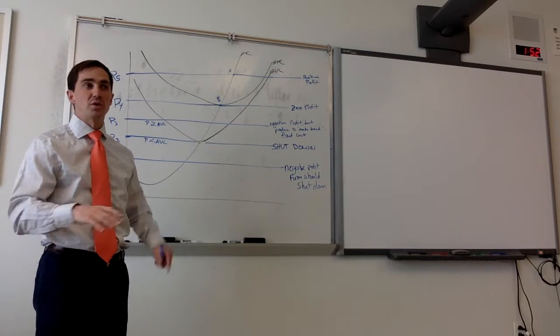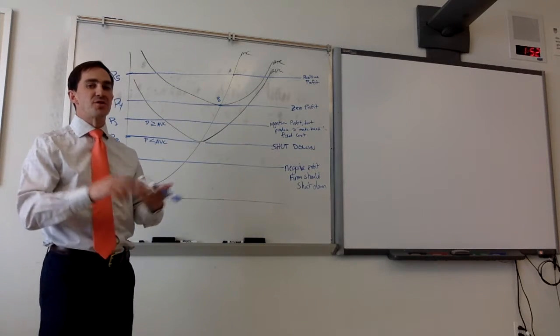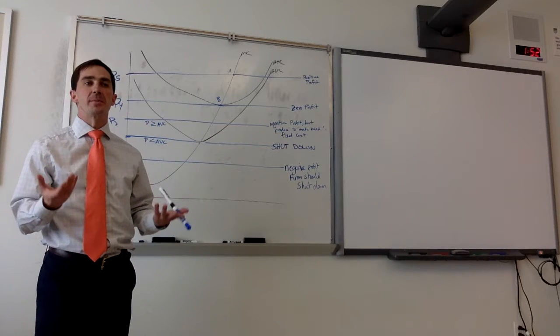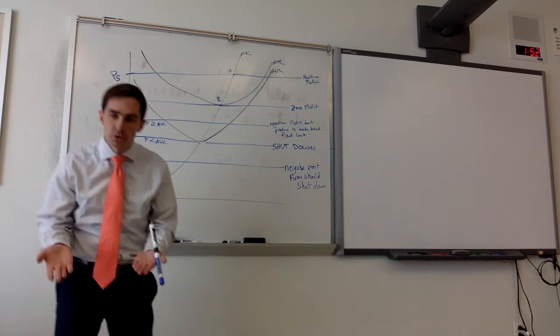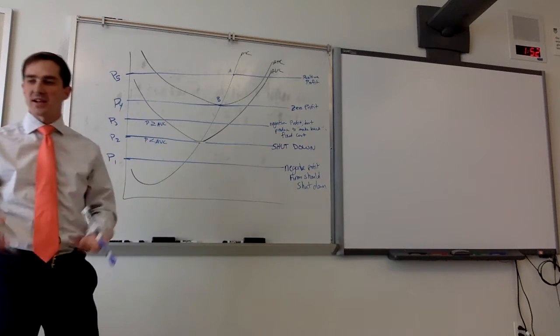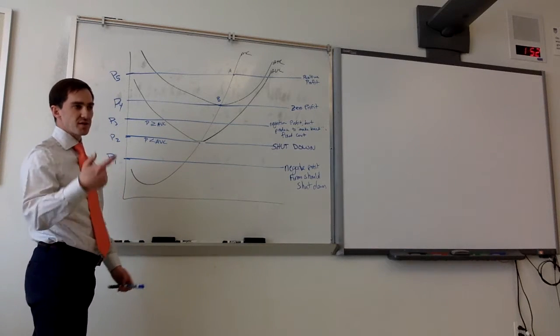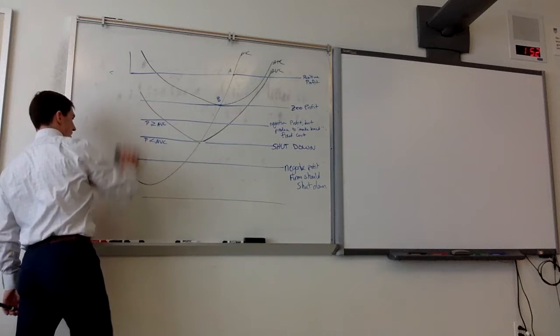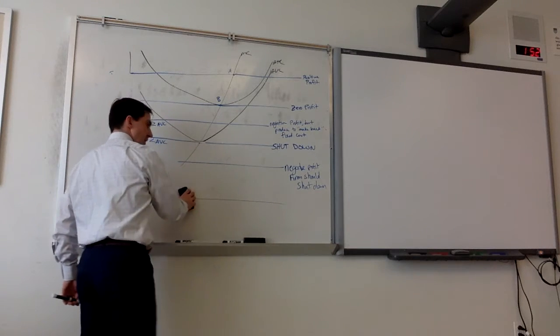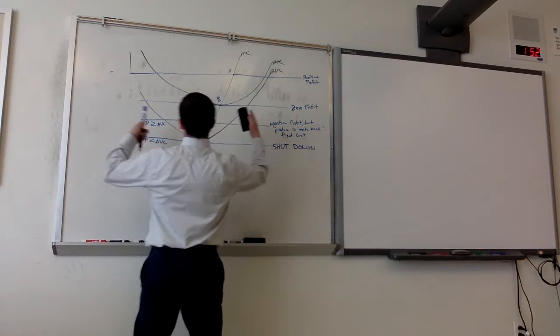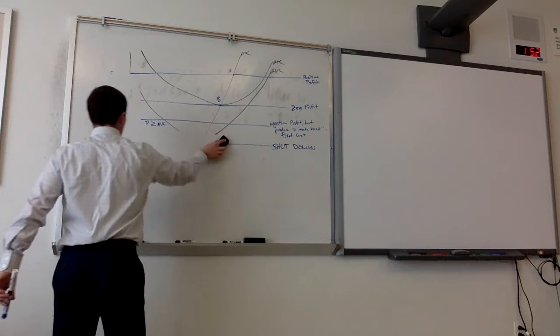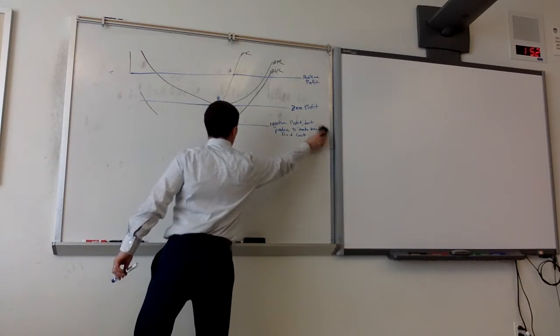Then part B, for some reason, there's an increase in demand. Draw what happens next with that increase in demand on the same graph: new price, profit, less profit. What was the first one? Zero economic profit.